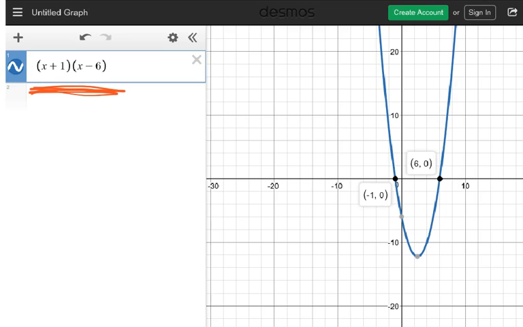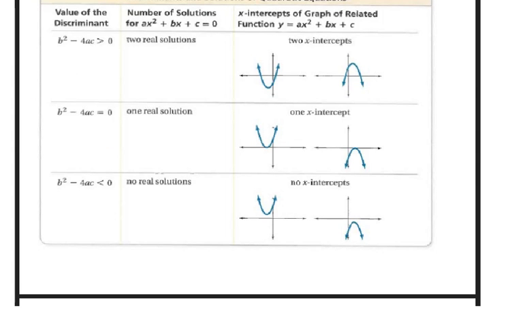I also could have distributed and multiplied it out and got x squared minus 5x minus 6, and that would have been the same parabola. Okay, so that was all when the discriminant is positive.